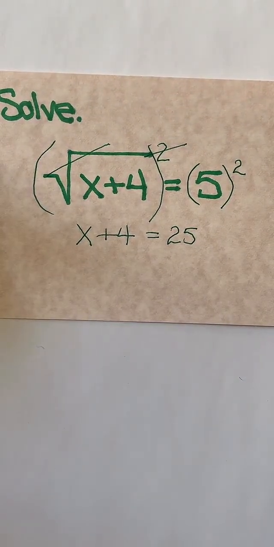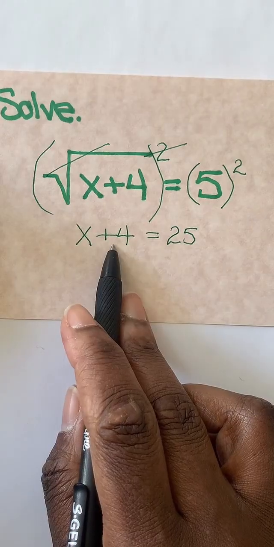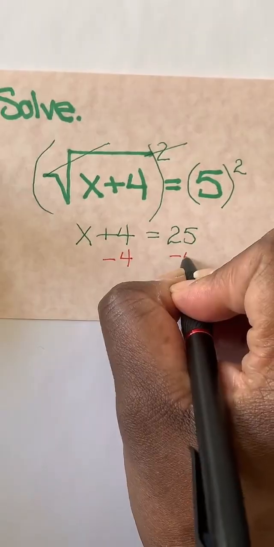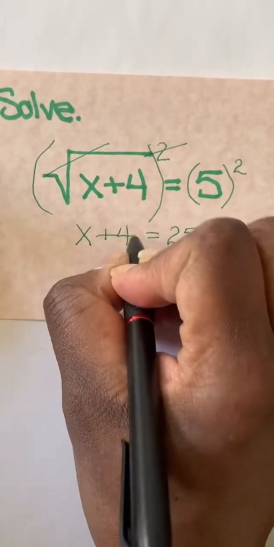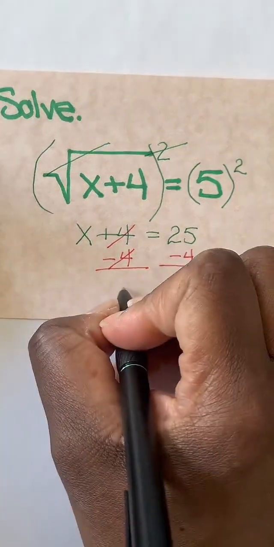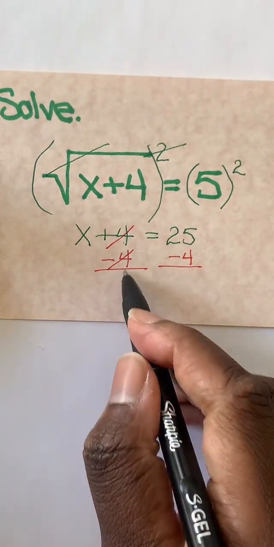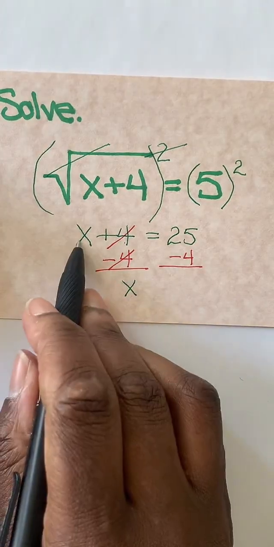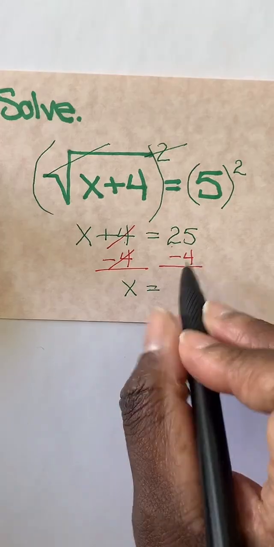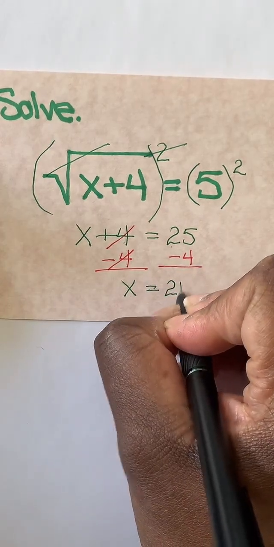So we have to do the inverse of plus 4. The inverse of plus 4 is minus 4. Now we have our x. We don't need to bring that 0 as a placeholder because we had that x on the left-hand side. And now we got 25 minus 4. That gives us 21.